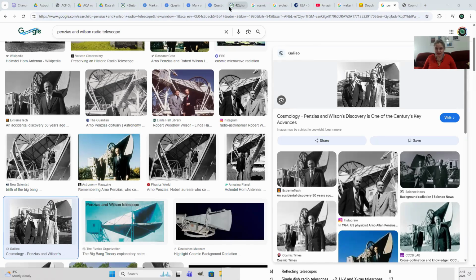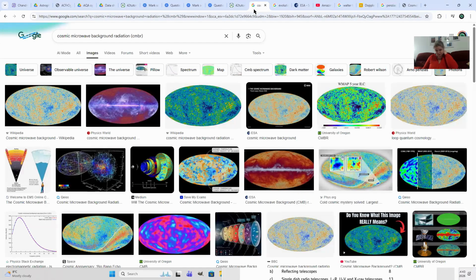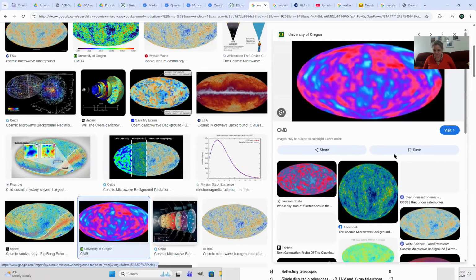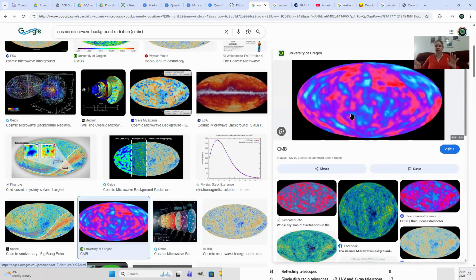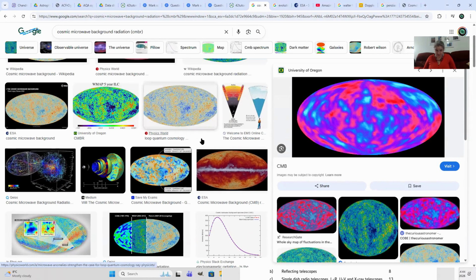Right, so what I'm going to do now is pull up pictures of the cosmic microwave background. The COBE satellite came up with something a bit like this. It's false color, so the different patches indicate different temperatures, but we're talking about really, really minor differences in temperature.